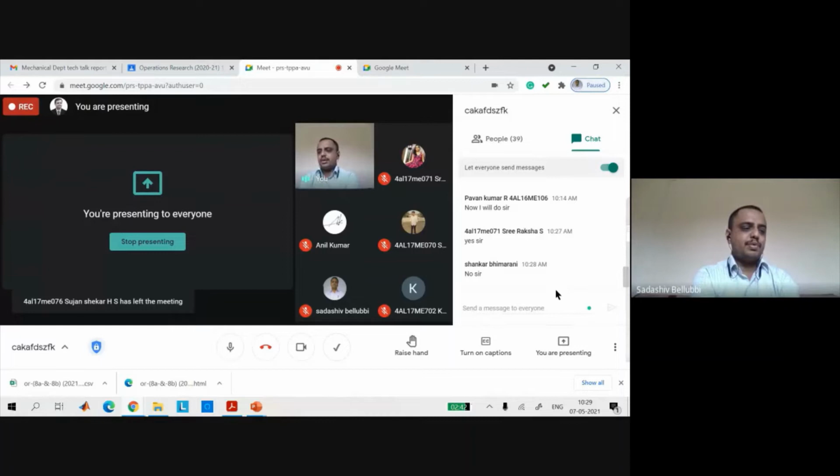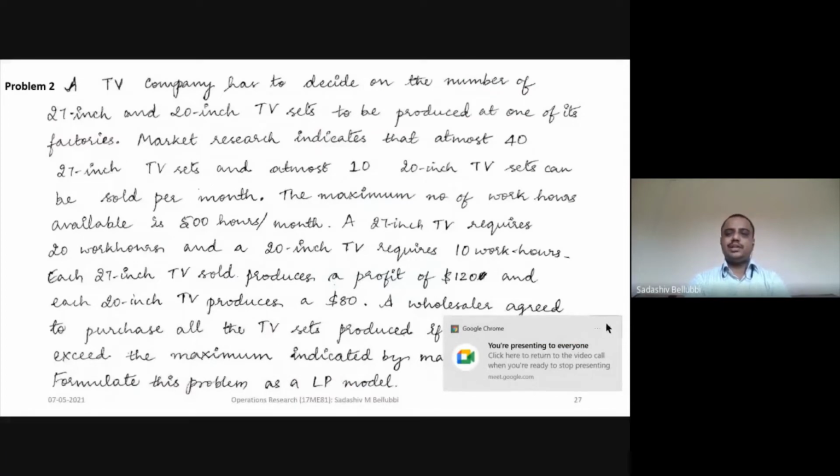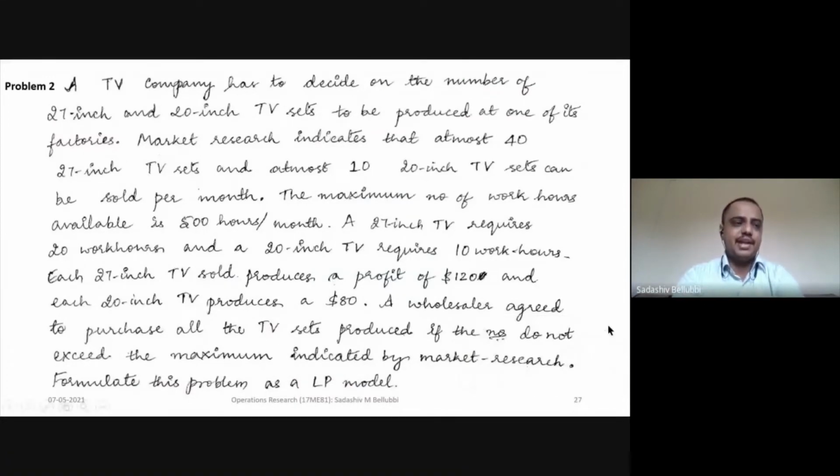Okay, now we'll solve that problem. So just read the problem statement again and again. At least twice you need to read to understand the problem. What is the problem statement they have given? There are two TV types: a TV company has to decide on the number of 27-inch and 20-inch TVs. Just write down these two as the decision variables. I hope you have the pen and book.